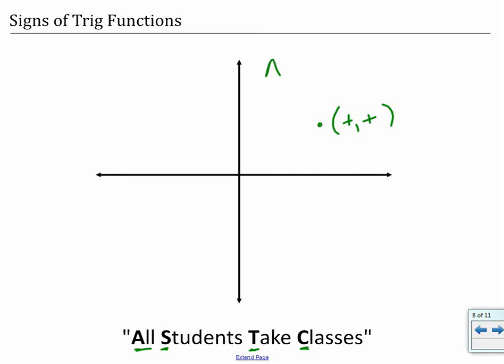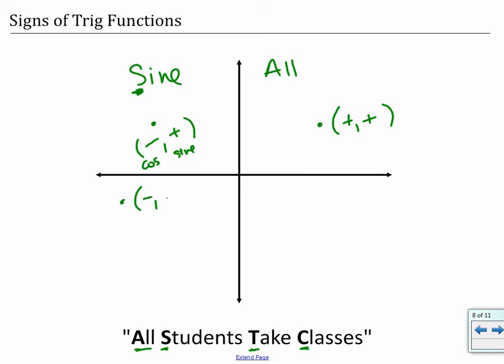So that tells me that all of the trig functions are positive in the first quadrant. If you pick a random point in the second quadrant, this is going to be negative x and a positive y, which means that the cosine is going to be negative, but the sine is going to be positive. So that means that the sine is positive in the second quadrant. That's the S in the students.